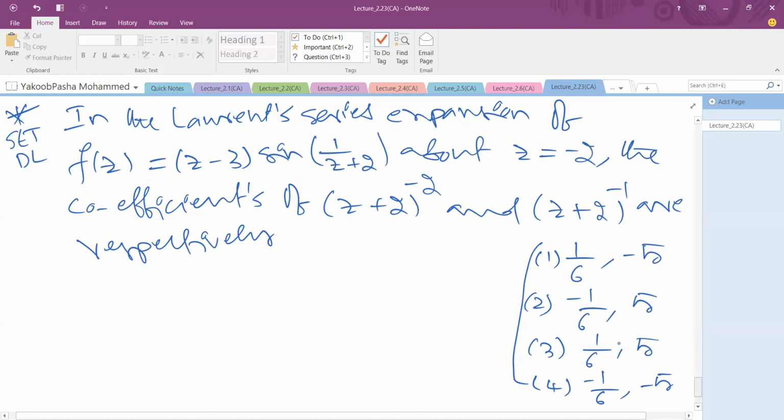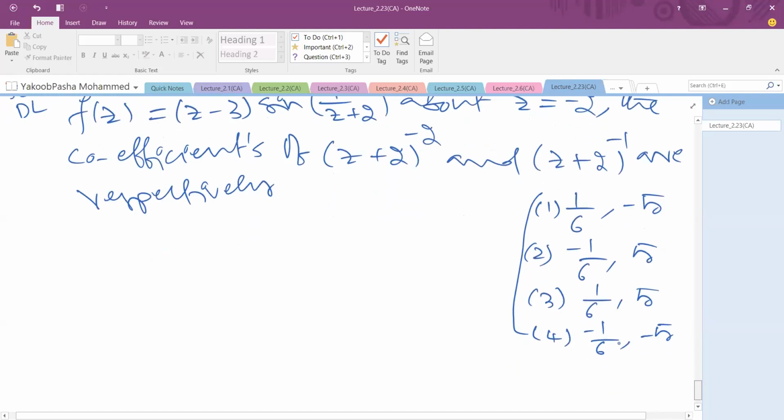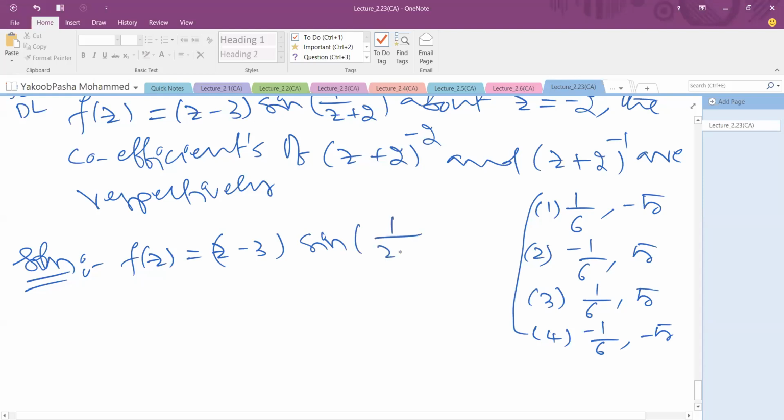First, we have to expand the function f of z in terms of Laurent series. The function f of z is z minus 3 into sine of 1 by z plus 2. Clearly, we can observe z equal to minus 2 is a singular point. So we have to convert the series in terms of z plus 2.